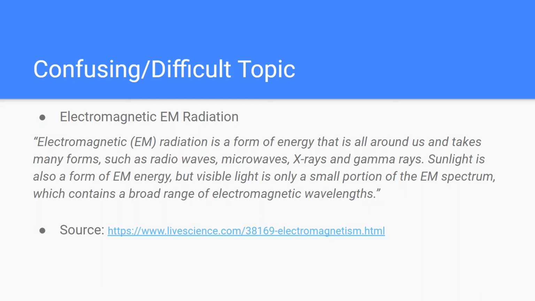EM radiation is a form of energy that is around us and takes many forms. For example, it could be radio waves, microwaves, X-rays, or gamma rays. And they said sunlight is actually an example of EM energy, but visible light is only a small portion of the EM spectrum, as you saw on the first slide, and therefore it contains a broad range of electromagnetic wavelengths.